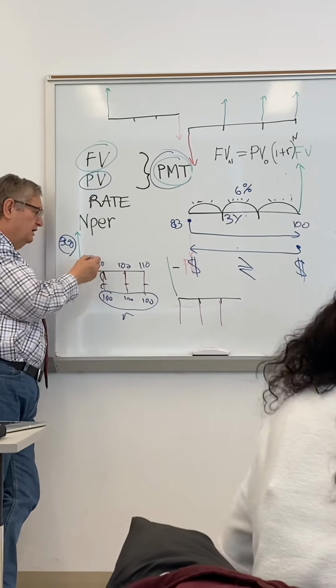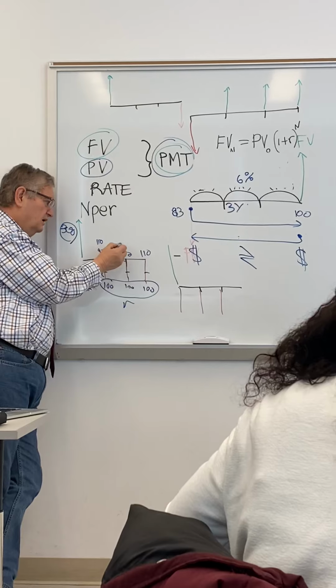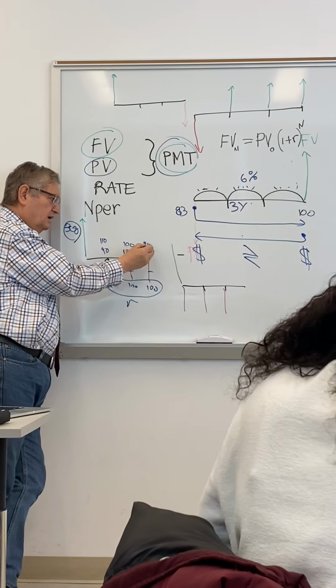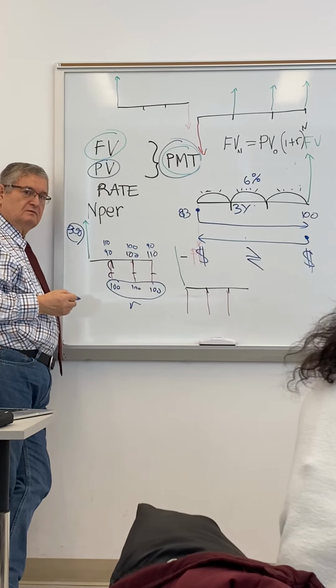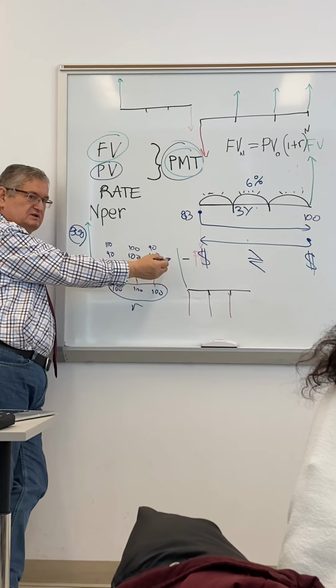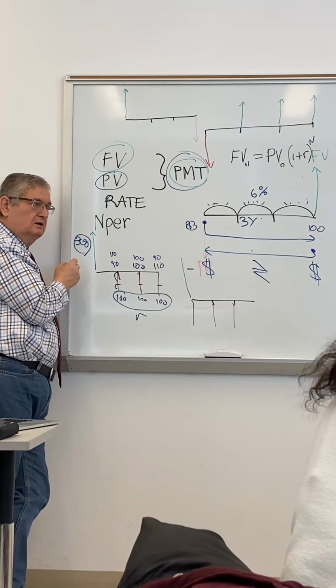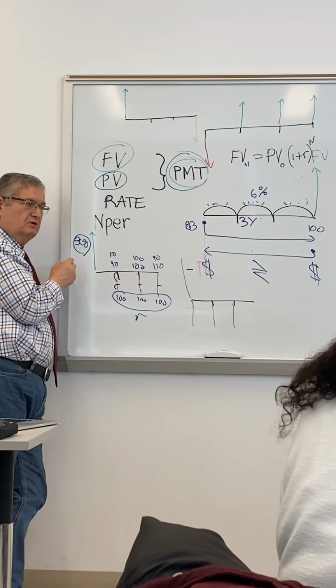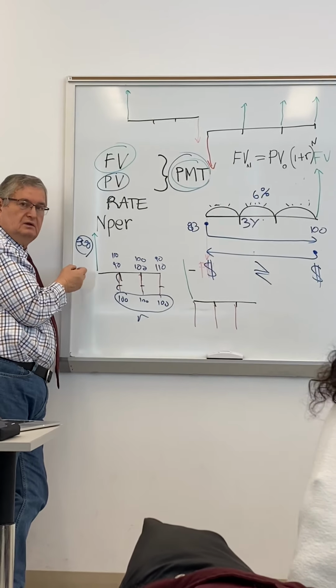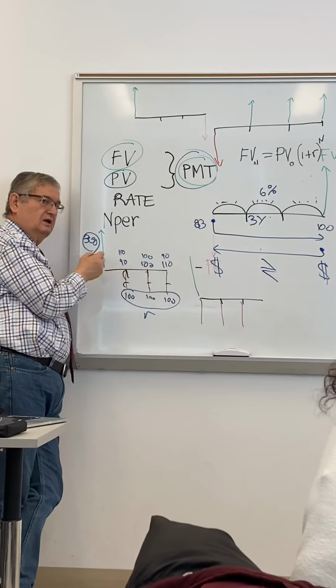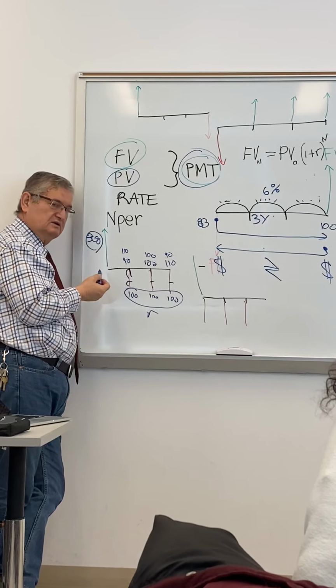Or Nadia may pay $110 here, $100 here, and $90 here. The sum of whatever she pays is exactly the same as what she got. Is the rate 0? Yes. Whenever the total is equal to the total, the rate is 0.